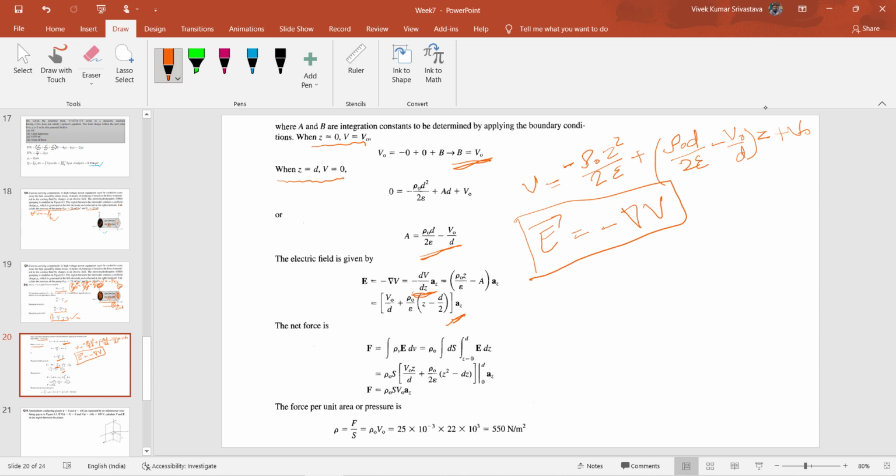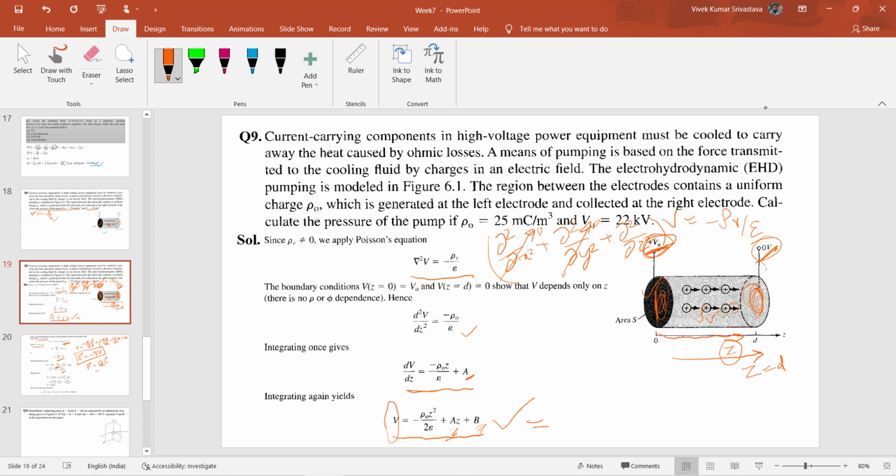Okay, so now once you find out the value of electric field, we know that the force on a charge, let us say it's q, which is moving inside an electric field, is defined as F is equal to QE. But here we are not solving for a single charge, we are considering a volume charge.